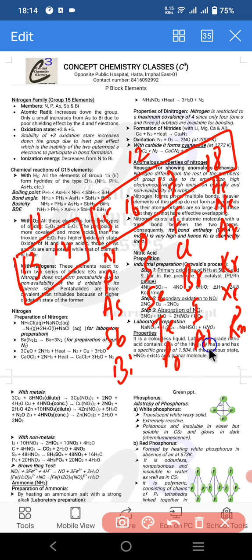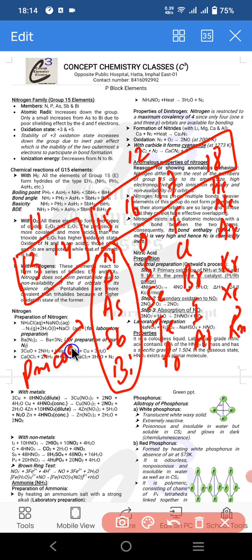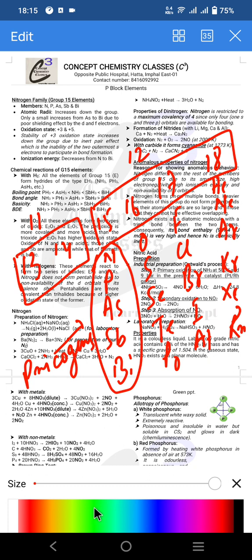Now group 15 elements, which are called the nitrogen family, are also called pnicogens. Why are these elements called pnicogens? Because they are poisonous.